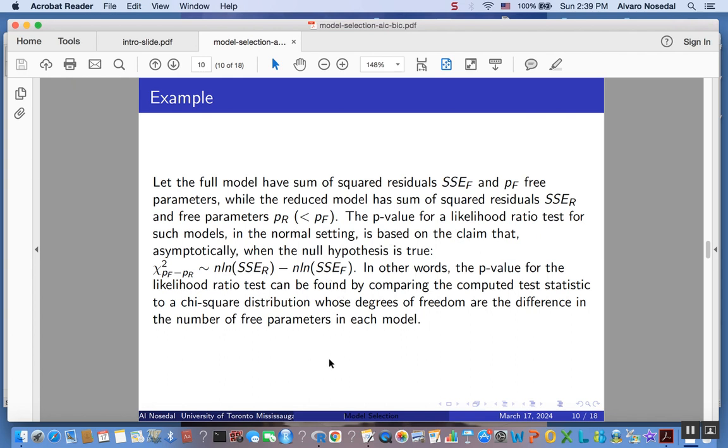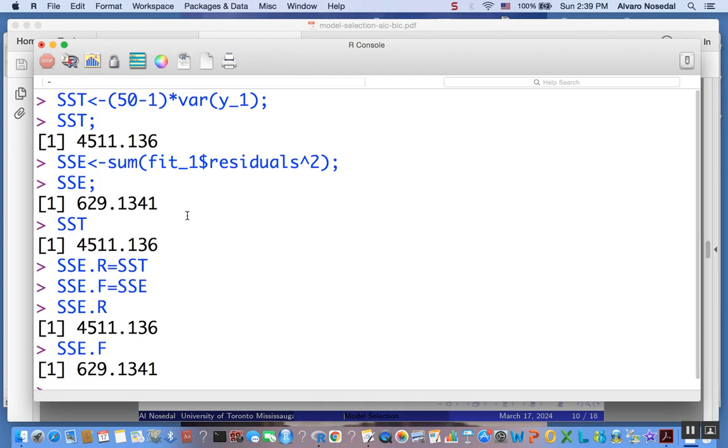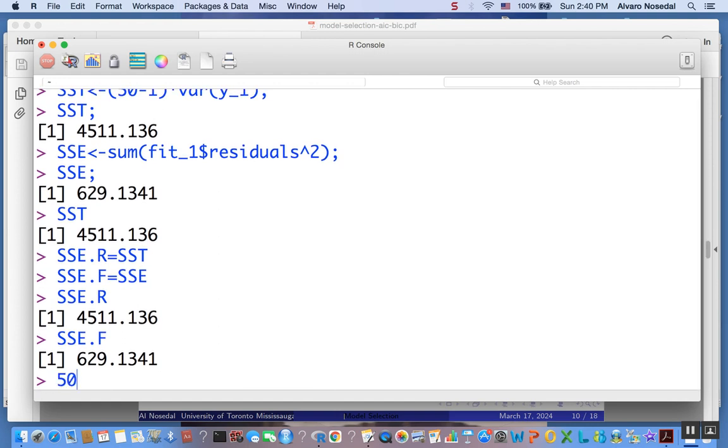Okay, here we go. So remember that n is 50. Agreed? So we have 50 times natural log of the sum of squares error for the reduced model minus 50 times natural log of the sum of squares error for the full model.